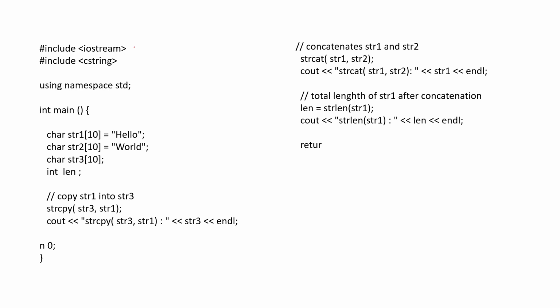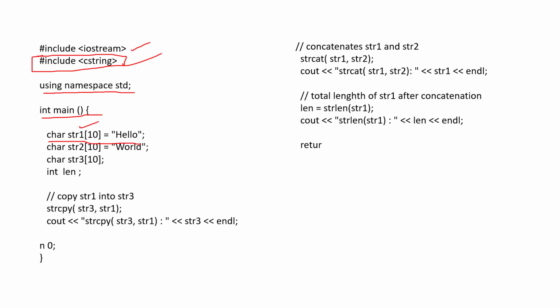Start with #include <iostream>, #include <cstring>. This is a new header file, or header library, for making these manipulations happen. Then you have using namespace std with a semicolon, int main, char str1[10] = hello.